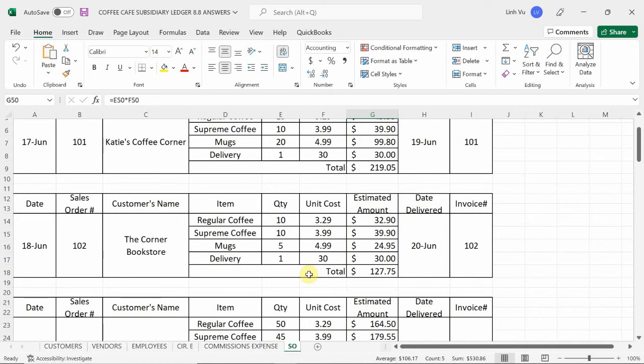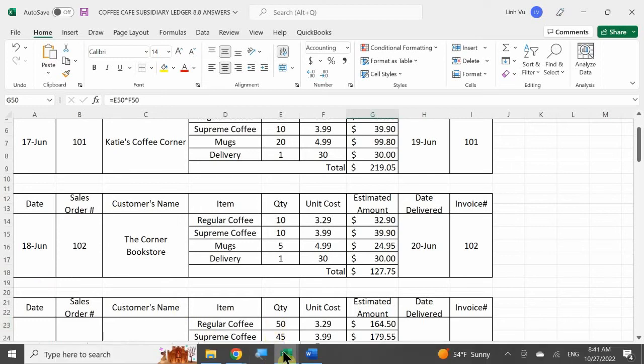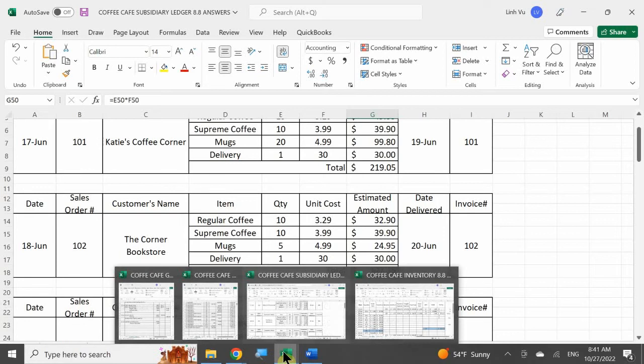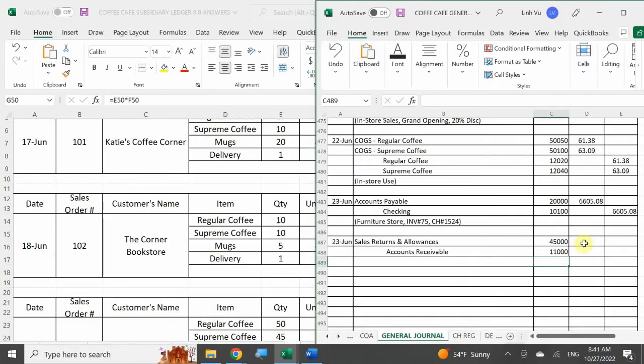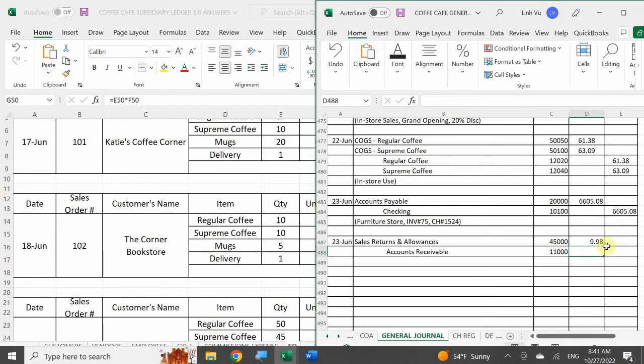So we need to figure out what 4 times 4.99 is. That's 19.96. And then we need to divide it in half because he only wants half his money back. He's willing to take a 50% discount, not a full refund. So 4.99 times 4 divided by 2 is 9.98.